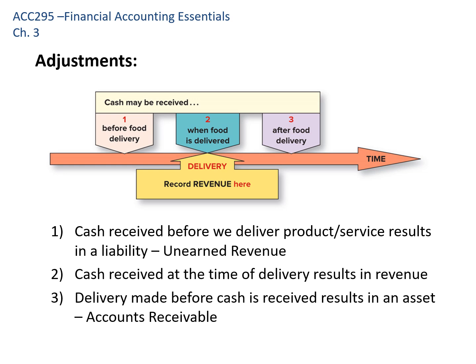So if cash is received before we give products to customers, say I'm going to do a consulting project for you and it's going to take 3 months, and I tell you I'd like my $9,000 for this engagement up front. Well, when you pay me that $9,000, I'm going to debit cash because I'm putting money in the bank. I need to increase my cash account, and I'm going to credit a liability called unearned revenue.